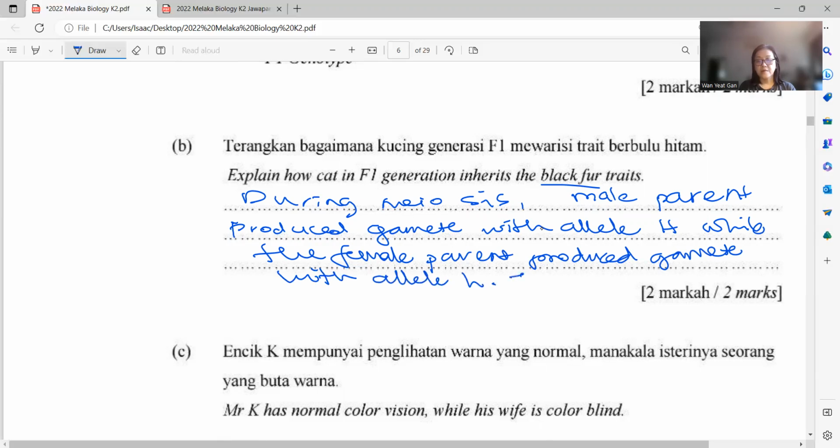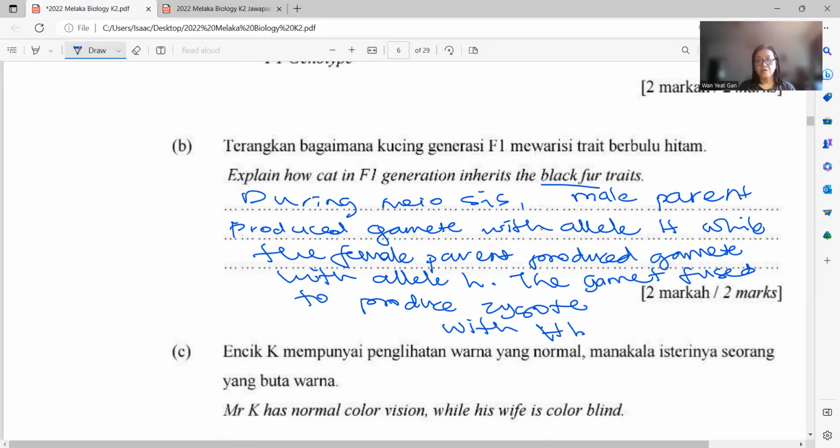So the gametes fuse to produce a zygote with Hh genotype. Okay.